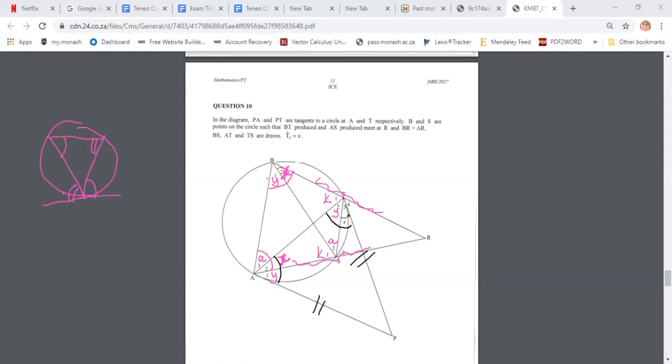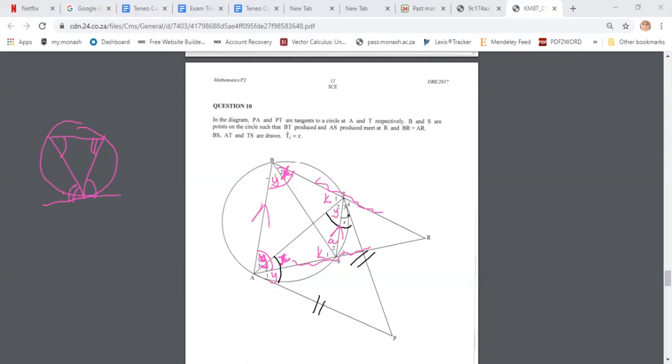But this little piece is x. So surely the other piece must be y. Y plus x, y plus x. We knew that they were equal to each other, and therefore we have alternate angles, which means that these two are parallel to each other.